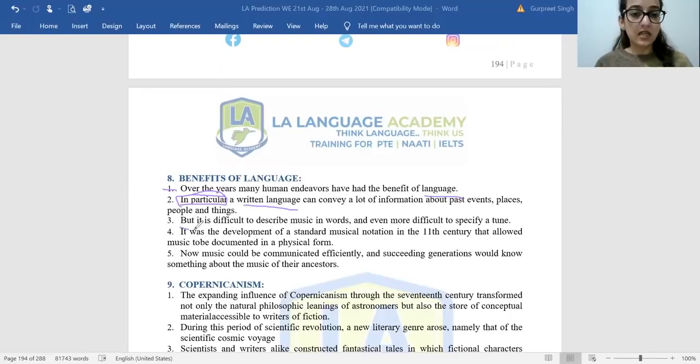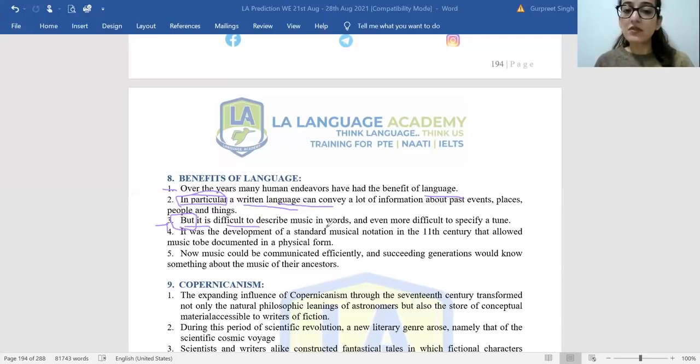"But" is again a very important word. So "but" means we will make some kind of contrast. We'll give some kind of opposite information. So in the previous sentence, we say written language can convey a lot of information about some things, but it is difficult to describe music in words. So the opposite is we can give a lot of information about these things, but we cannot give information about music. So that is the use of "but" here.